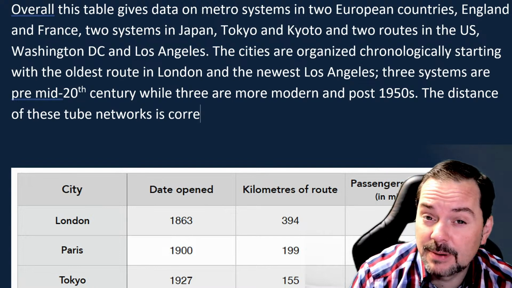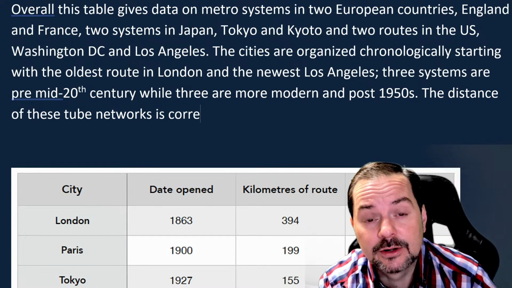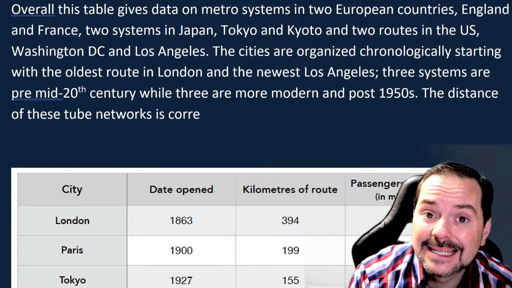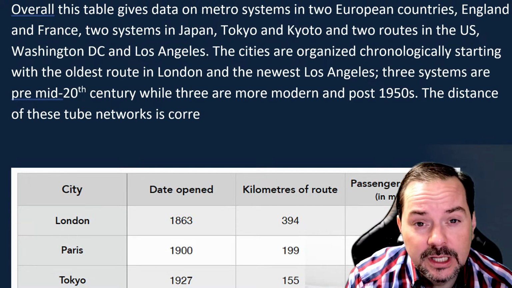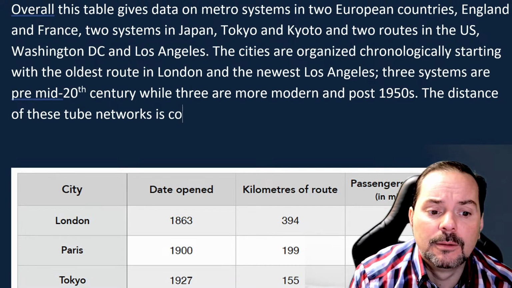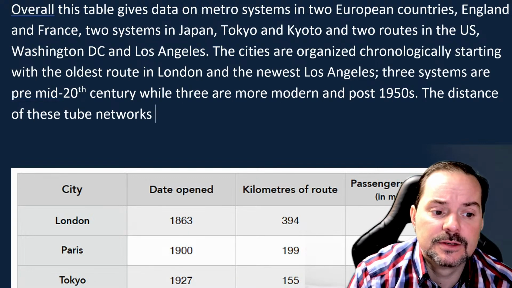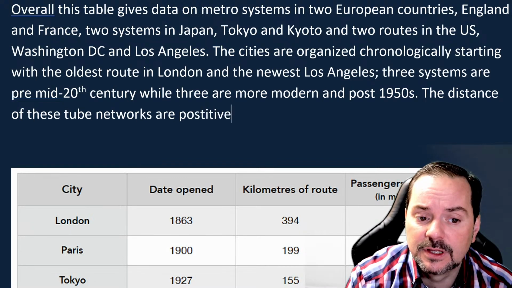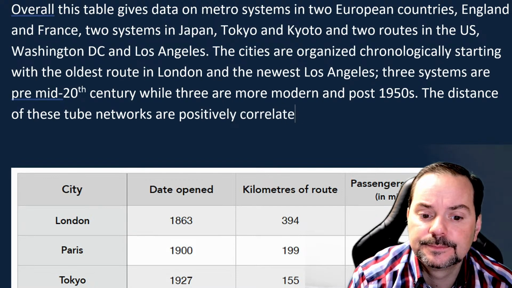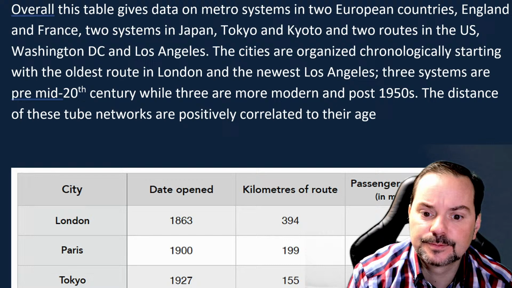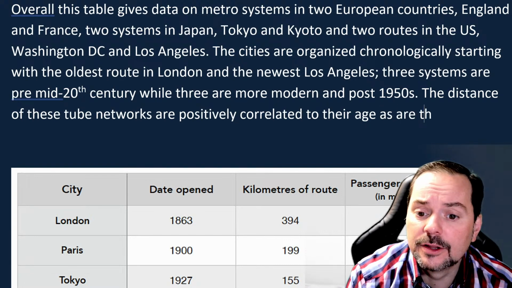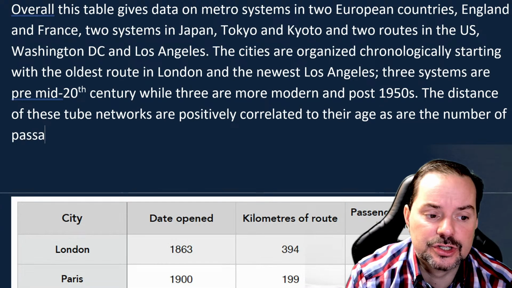Statistics, whether it's pie charts or bar graphs or line graphs, the word correlated is very important. And if I wanted to be really fancy here, I could say the distance of these tube networks are positively correlated to their age, as are the number of passengers.